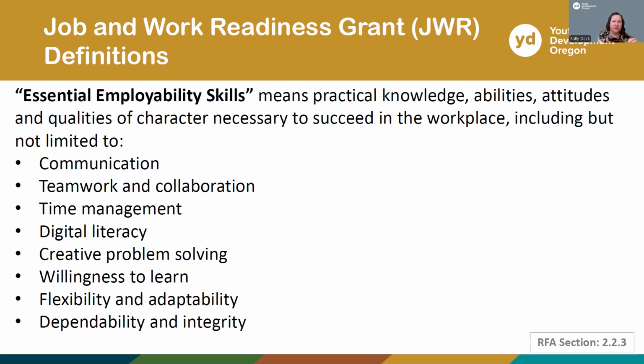And this is because we know that all youth demographics are unique, and some will have certain needs that we want the applicant to have a chance to explain. So you'll see that the pieces on here are really focused on youth development in general: creative problem solving, communication, flexibility, dependability. Those are elements that are really bundled into that youth development piece that is key to all of what YDO does. Next slide.